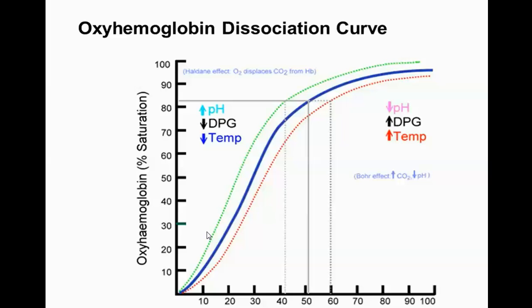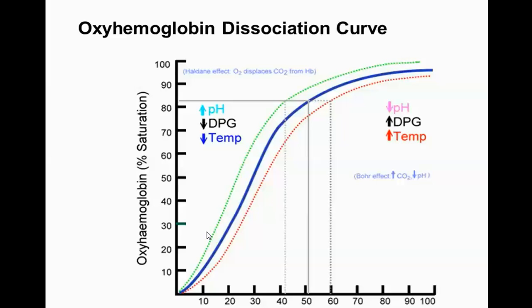Normally about 50. 50 PO2 is needed to saturate 80% of hemoglobin. If we shift to the left, I need only 40 to saturate the same amount. So what does it mean that I need only 40 to load the same 80% of hemoglobin? That the affinity of hemoglobin for oxygen is higher.